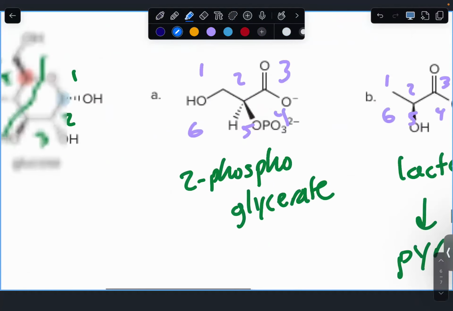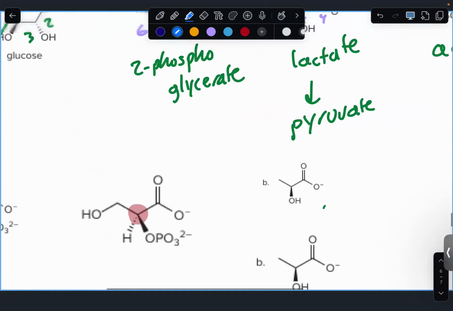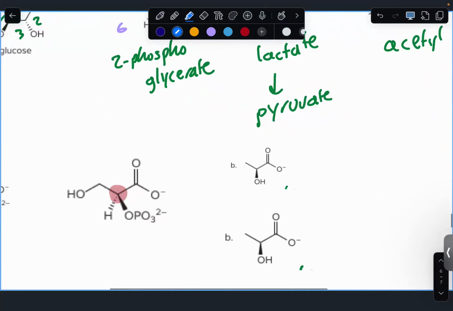So let's see, the blue one is on carbon 1. So where's it going to show up in lactate?